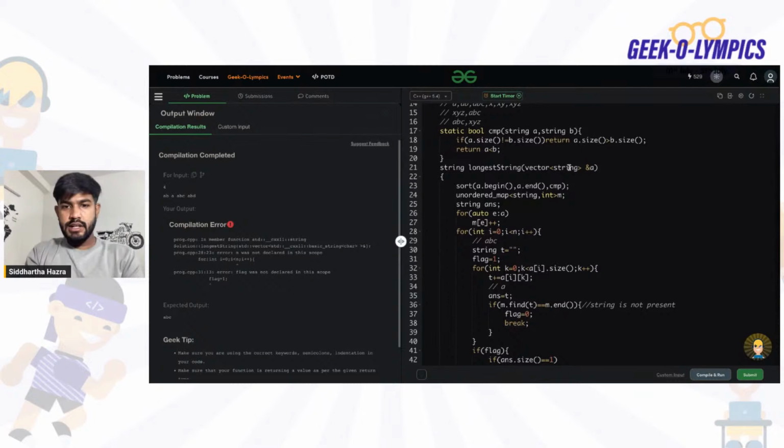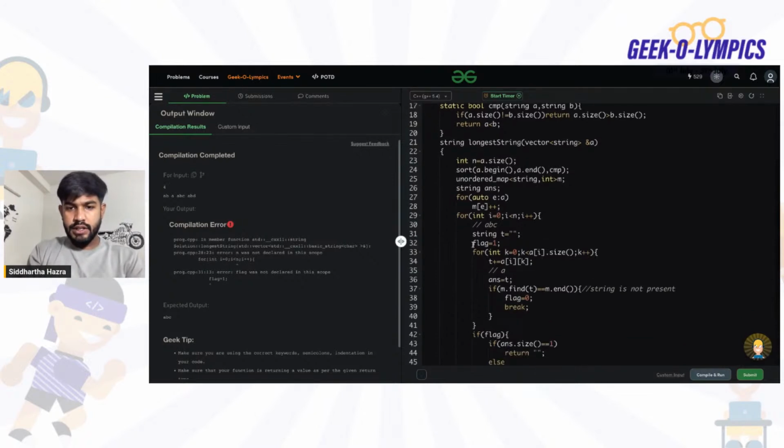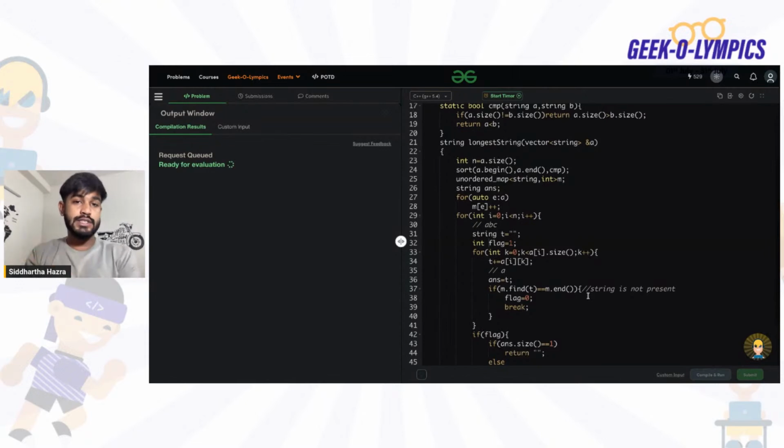I is less than m. So let me initialize, and also int m is equals to a dot size. That is why don't hit submit on the first go itself. A flag is not declared, so I need to declare int flag. Just hit compile and run until you are clear for the sample displays.